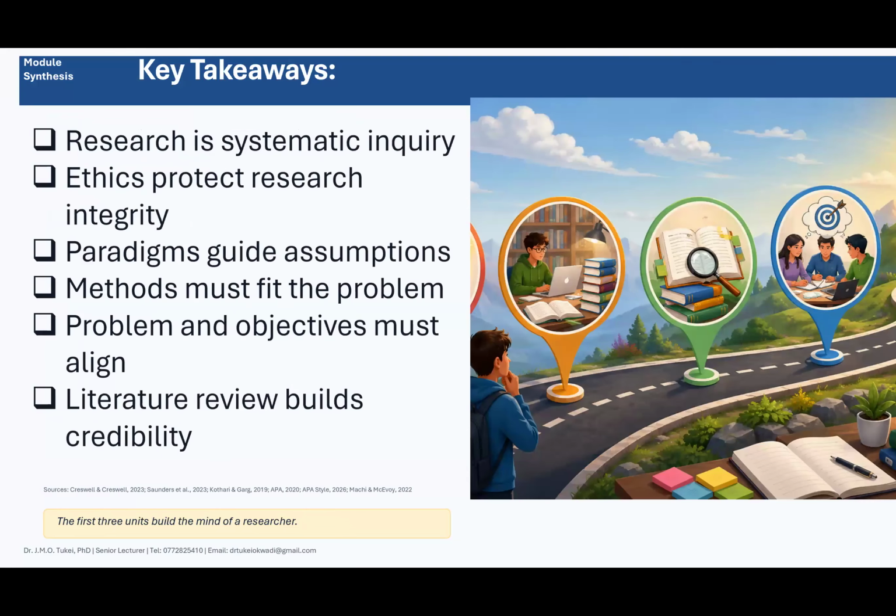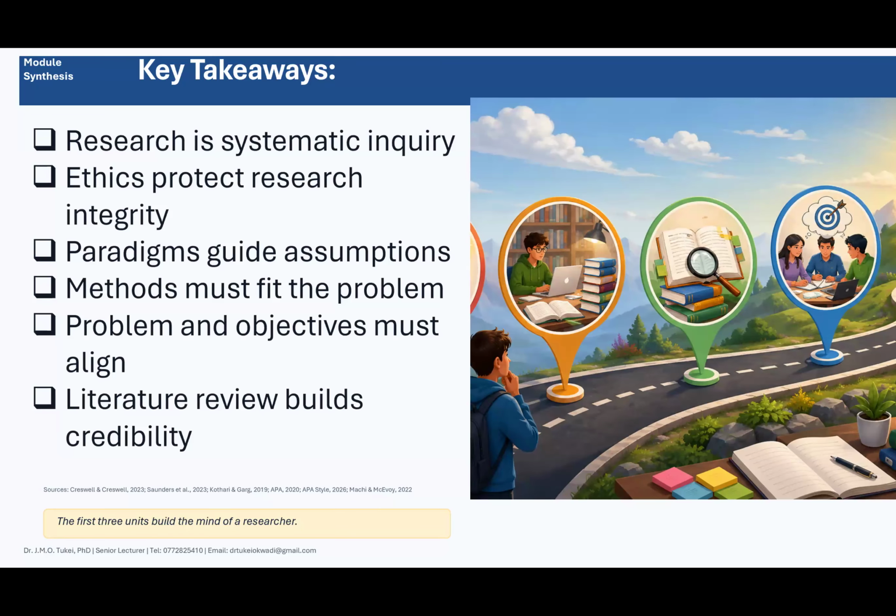Very important. Colleagues, let's look at the key takeaways. This is key and very important for you. Unit number 1 to unit number 3, where we're talking about developing the mind of a researcher. Unit 1 establishes that research is a systematic ethical inquiry aimed at producing evidence or solving problems.